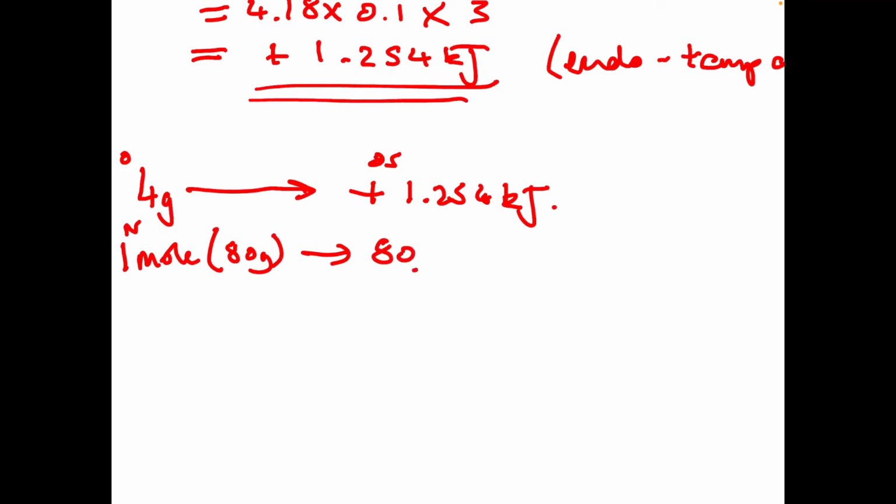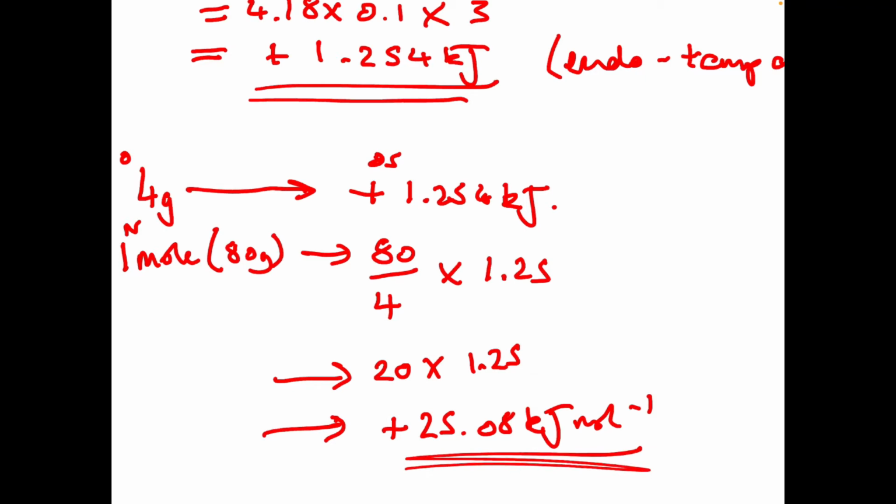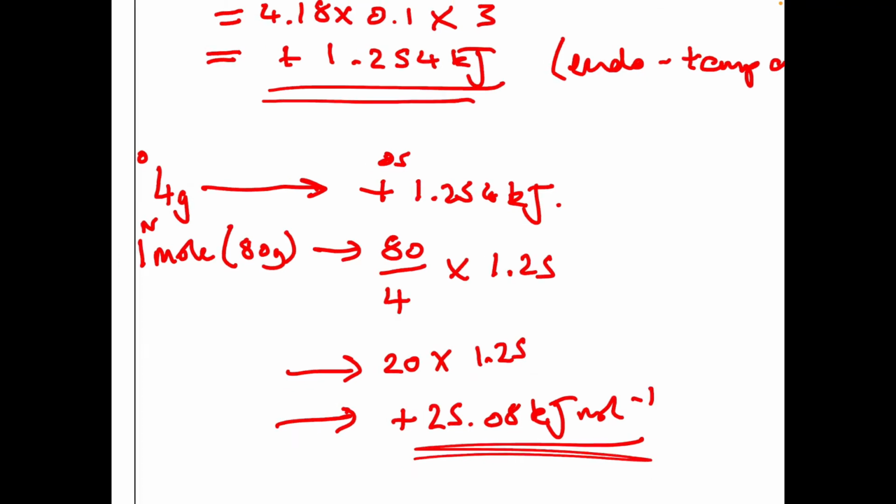So that's 80 divided by 4 times by 1.254. And that is the same as times it by 20, because 80 divided by 4 is 20. And that gives you plus 25.08 kilojoules per mole. And remember it's plus because we said it was endothermic.